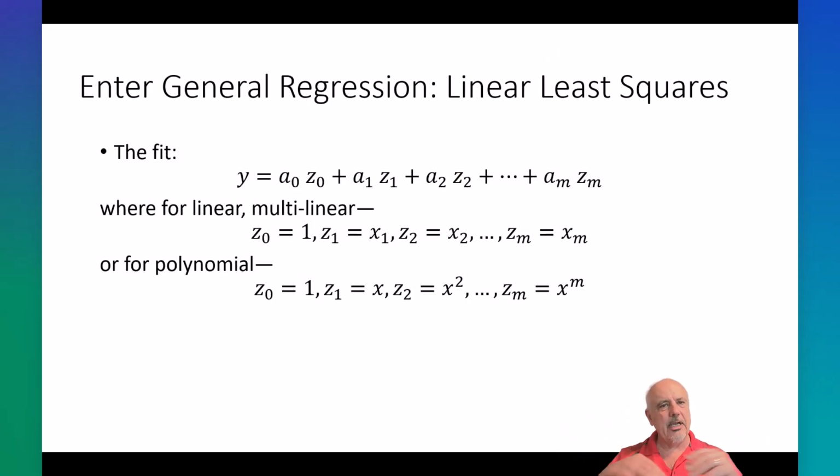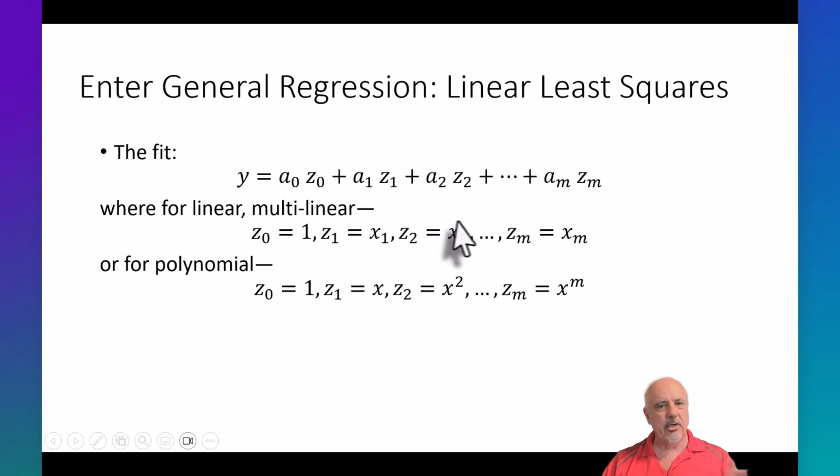Okay, so what I'd like to do now is think about a general regression where you just tweak it to make it look like linear, multilinear, or polynomial, depending on the context. So I came up with this idea where we're looking for the a0, a1, a2, etc., all the way to am, and we're given as the data points, I just call them little z's, z0, z1, z2, up to zm.